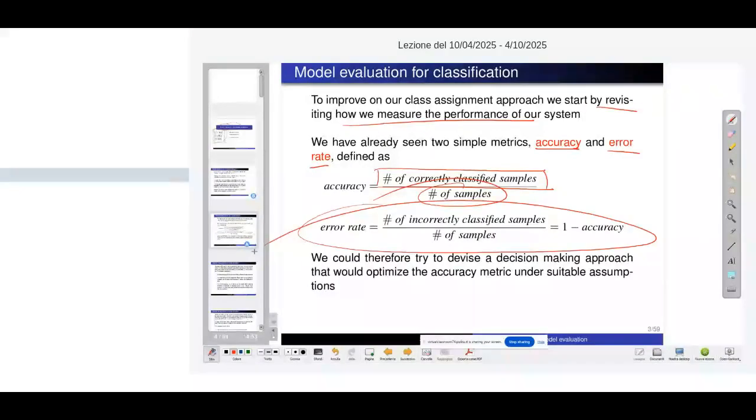And the error rate, which is 1 minus accuracy, is just the number of wrong classifications divided by the number of samples. So one step towards making optimal decisions could be to try to optimize this metric. I want to minimize the number of errors on my evaluation set.